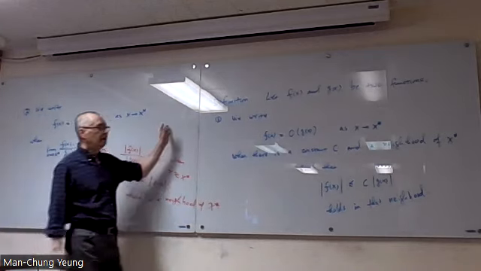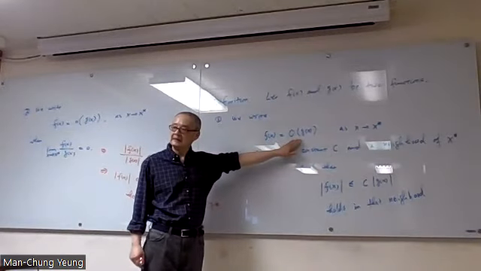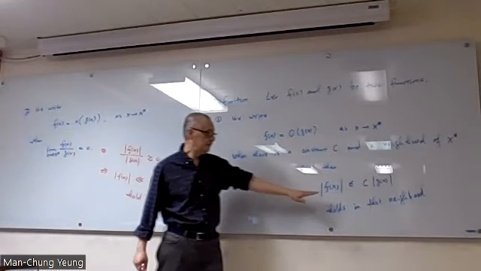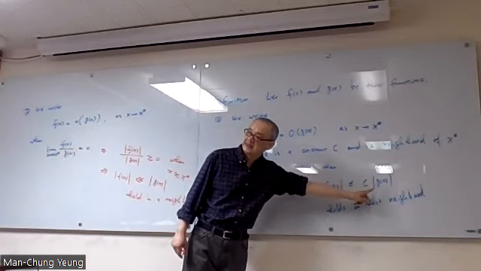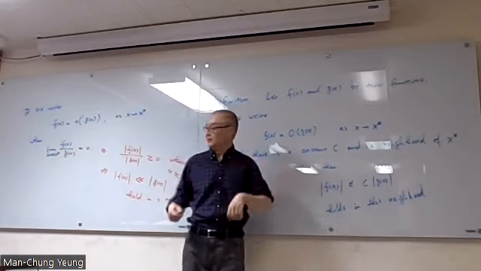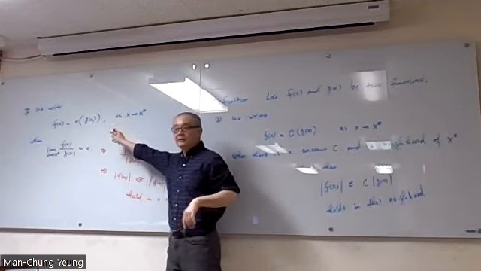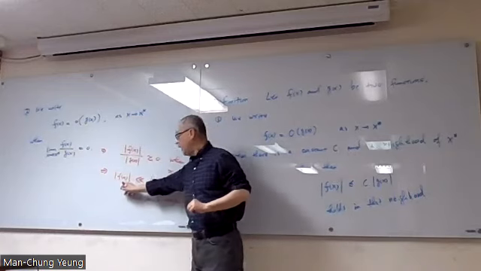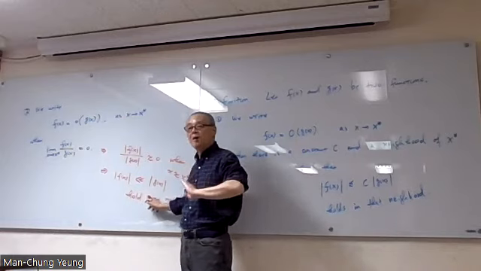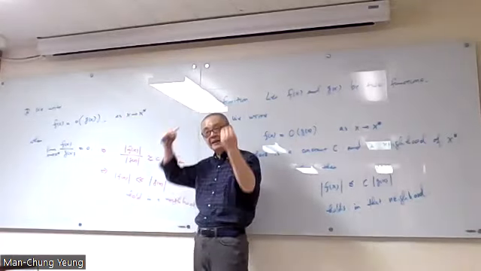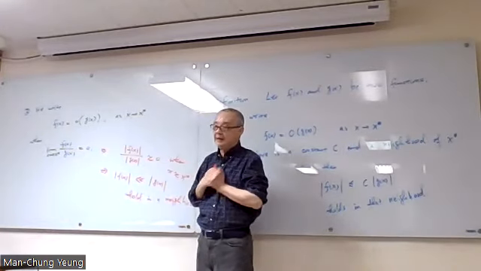Big O means function f is bounded by c times g in the neighborhood. Little o means function f is much smaller than function g in the neighborhood of x star.